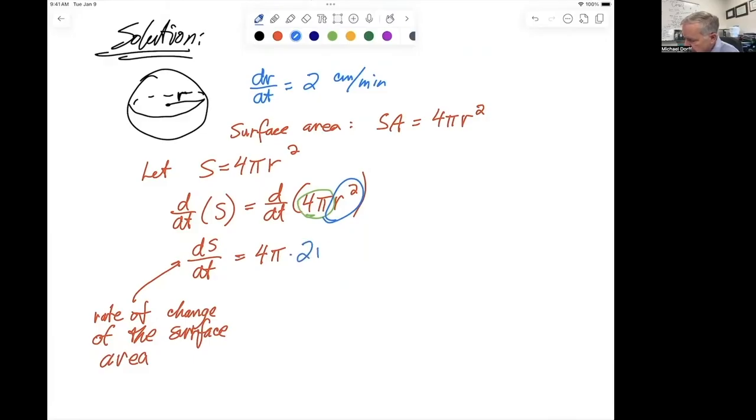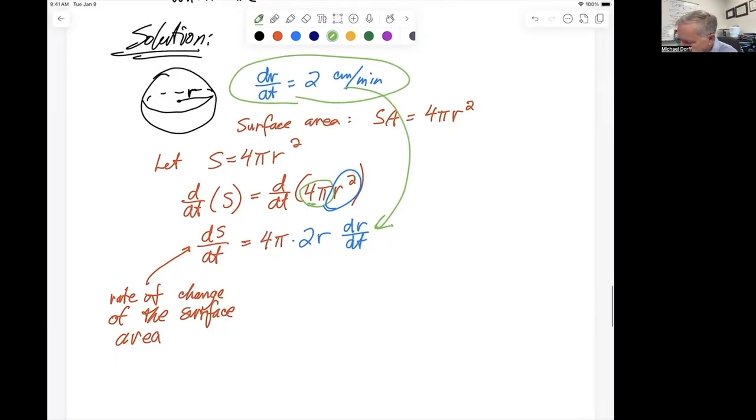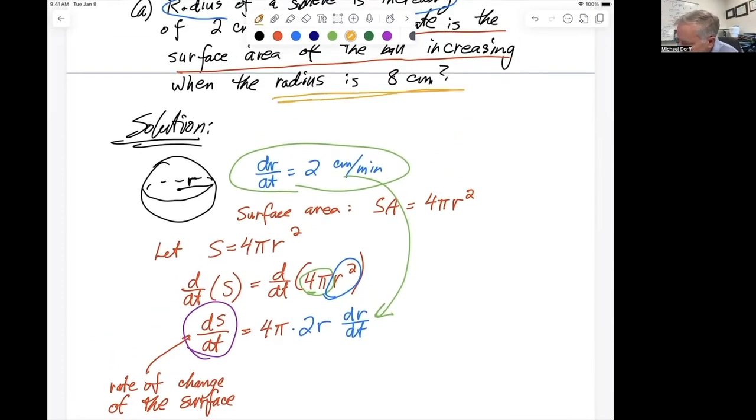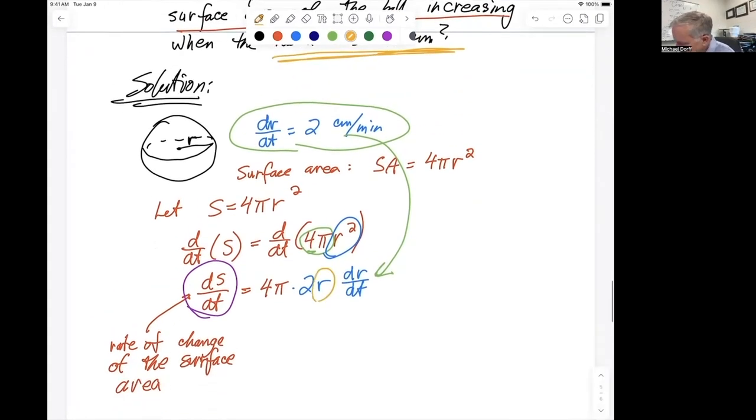That's 2r, and then I have a dr/dt. We do know that dr/dt here is 2 centimeters per minute, and we're trying to find this. And we also know what's happening when the radius is 8, so r is 8 centimeters.